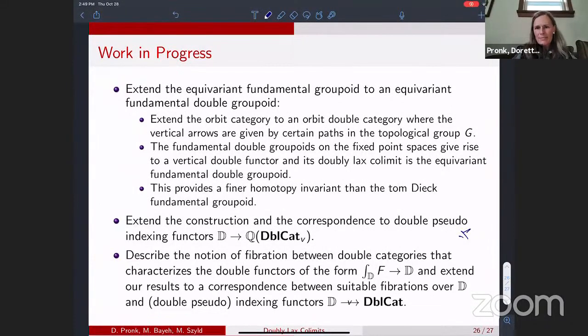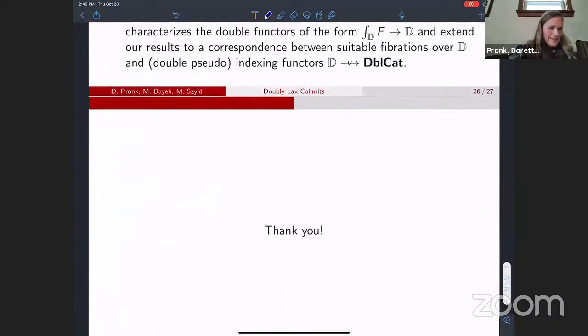And again, for the strict case it is working out quite nicely, except I think for the full correspondence, we may have to make sure that everything works precisely, you have to go to pseudo functors. So there's some work to be done there. And that was the last slide.